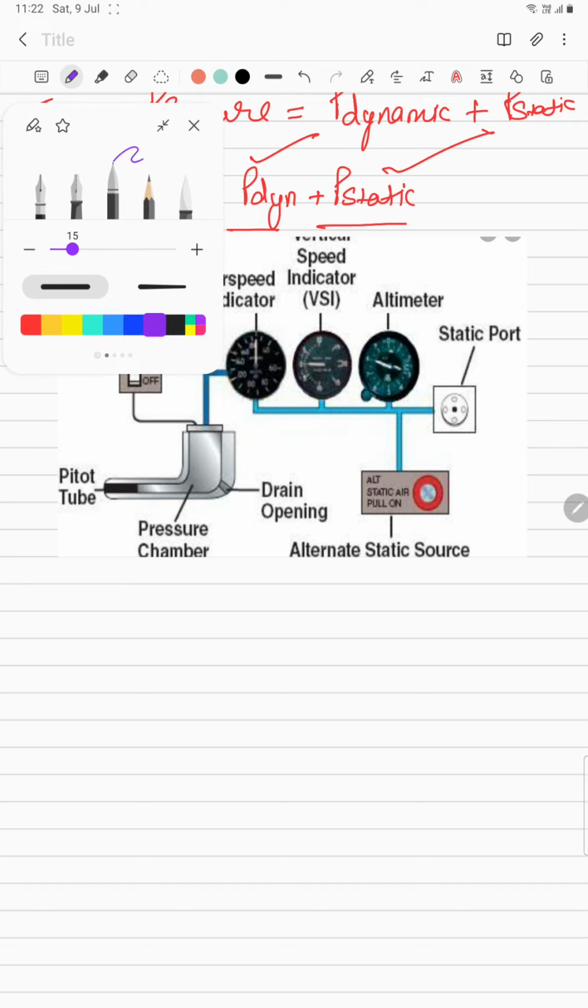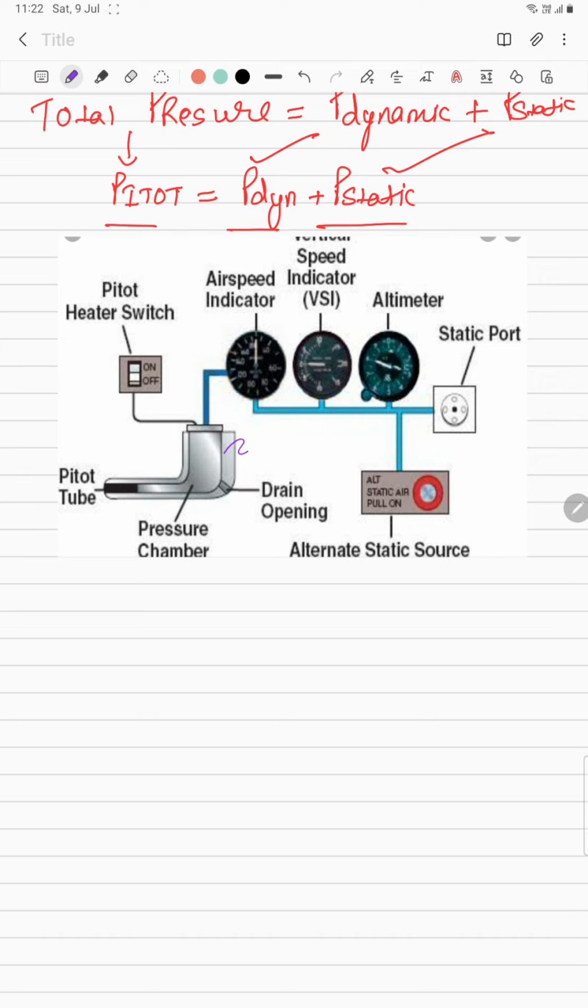So have a look here. The pitot pressure goes into your airspeed indicator, whereas your static pressure goes into your airspeed indicator, vertical speed indicator, and altimeter.